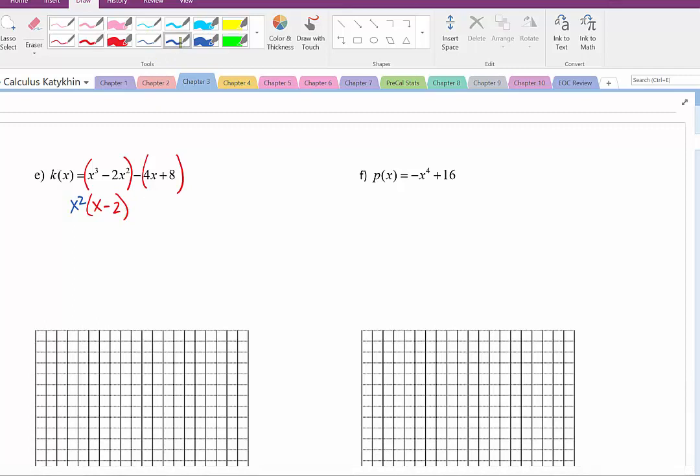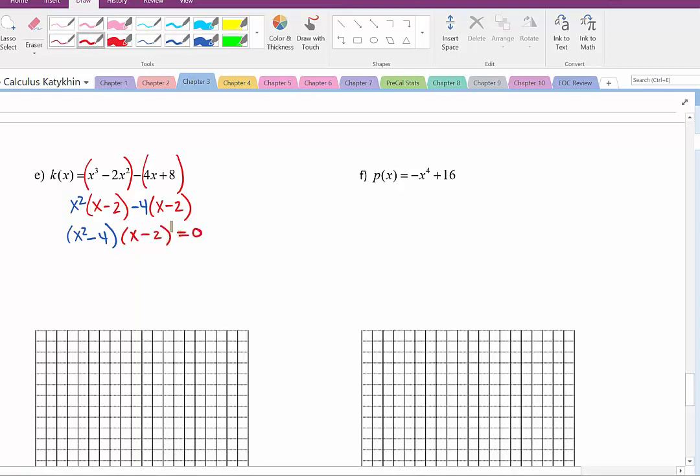In the second group, I can factor out a negative 4. So we definitely want to factor out that negative to make that x positive. So we get x minus 2. And the two factors that I will get will be x squared minus 4 and x minus 2.